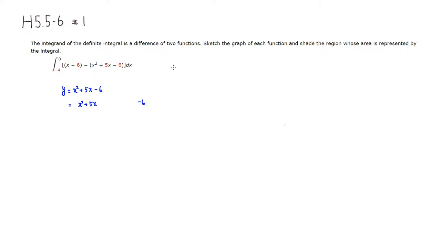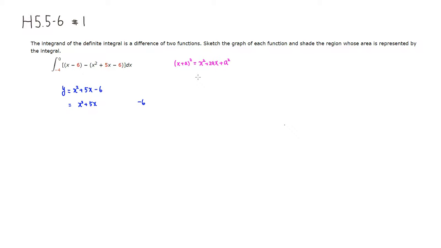Actually, maybe I should go over this. If you have x plus a squared, then the terms you need are x squared plus 2ax and a squared. So this third number is always the square of 1/2 of the coefficient of x.